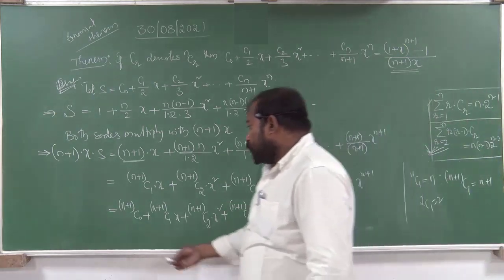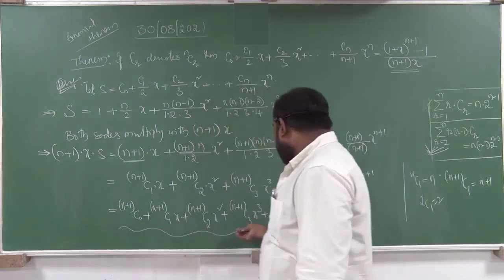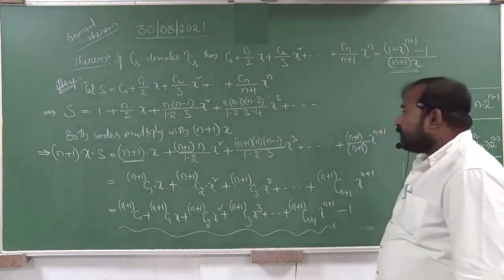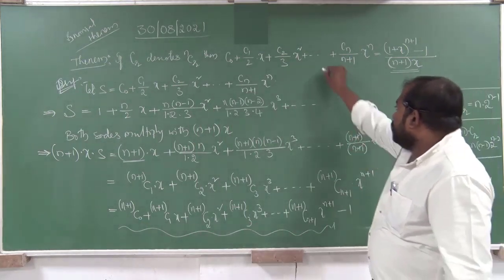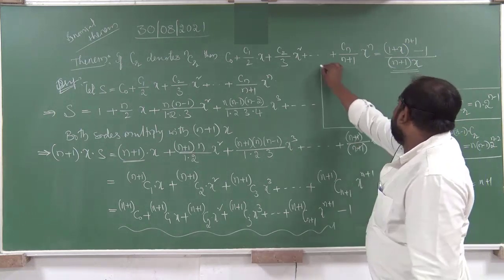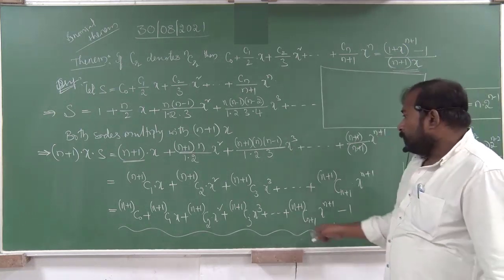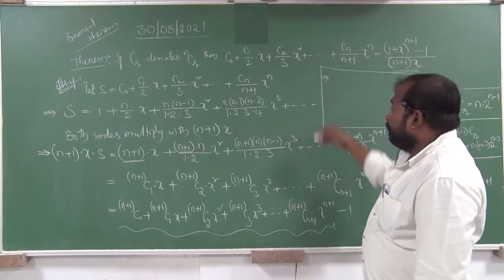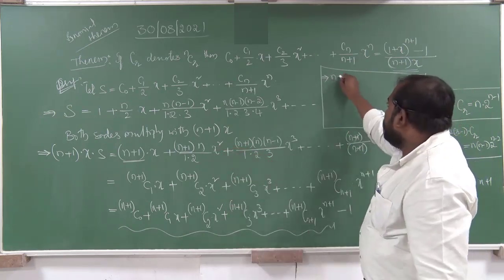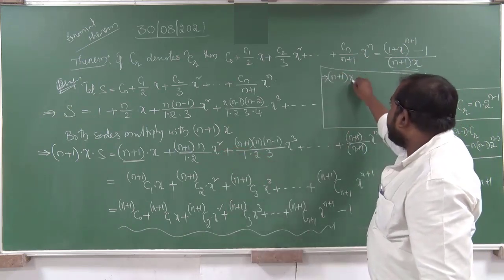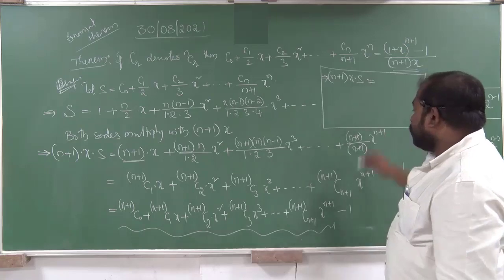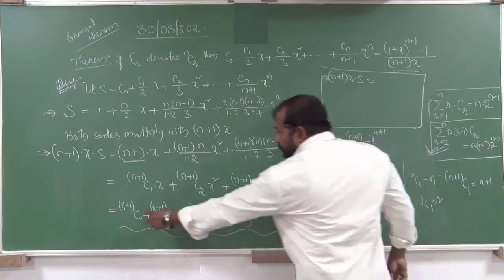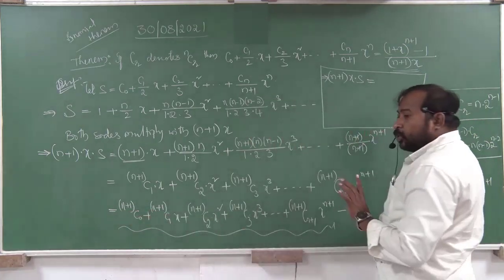Now if you observe till here, what will the total value be? Conclusion I will do here. What will this total value be? That implies n plus 1 into x into s is equal to, from the beginning to here, what about this whole value?